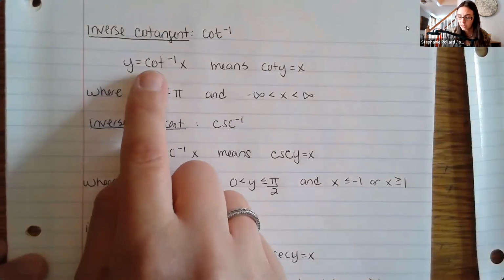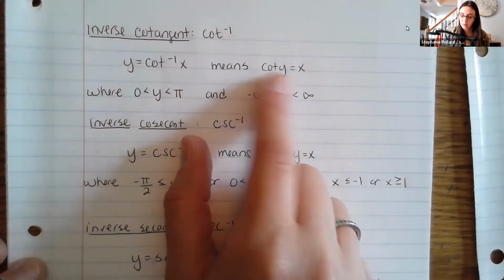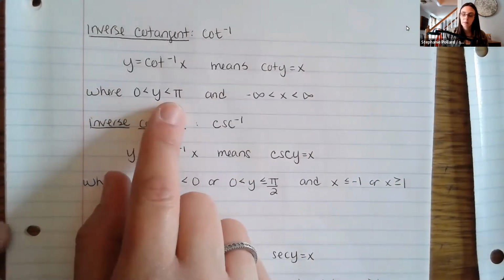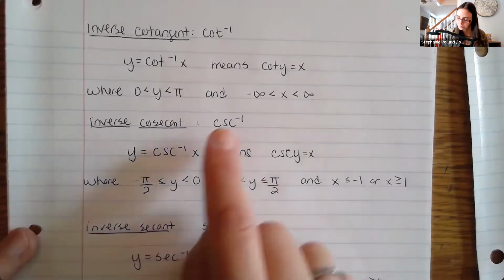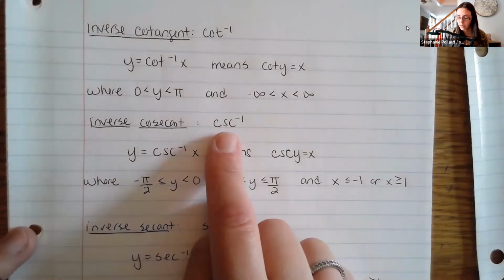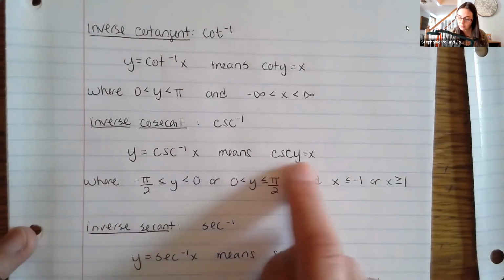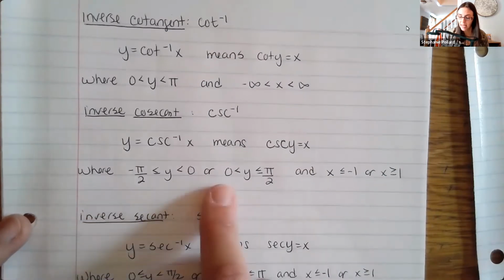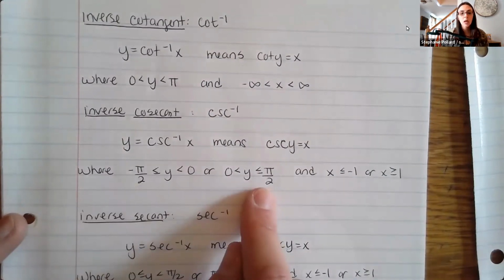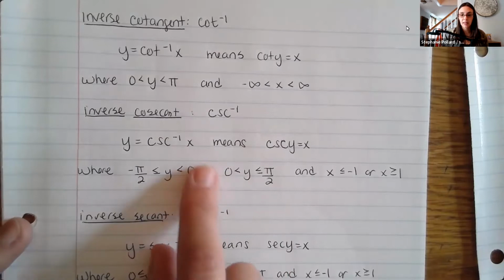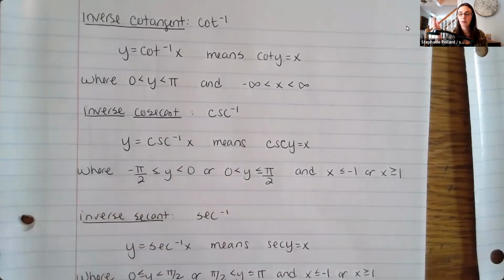For cotangent, we restrict the original cotangent function between 0 and pi. For the cosecant, so inverse cosecant, we restrict the original function basically between negative pi over 2 and pi over 2. Just remember that it would be undefined at 0 there because you do also have those vertical asymptotes in the cosecant and secant graphs.